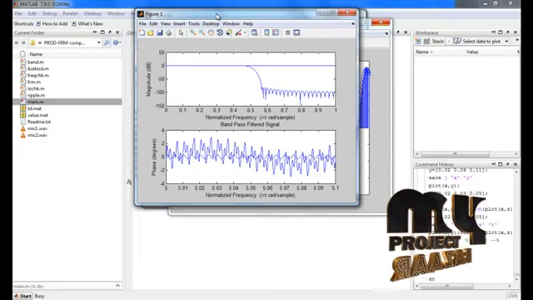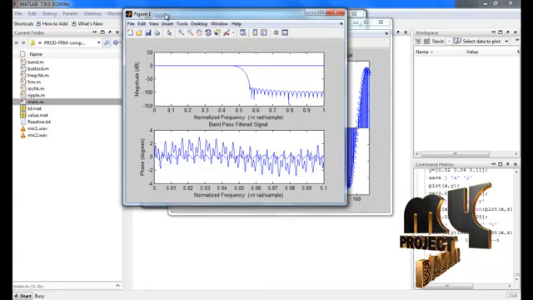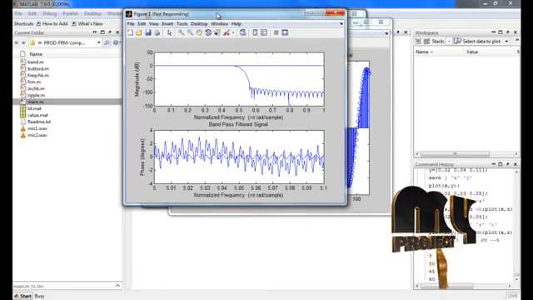So let me explain the graphs and their output. Initially figure 1 was displayed as a constant thing.